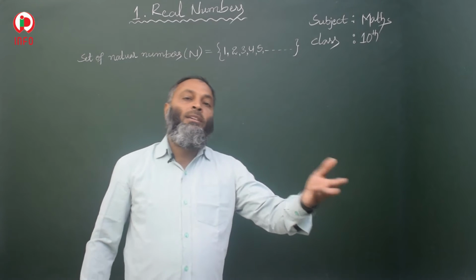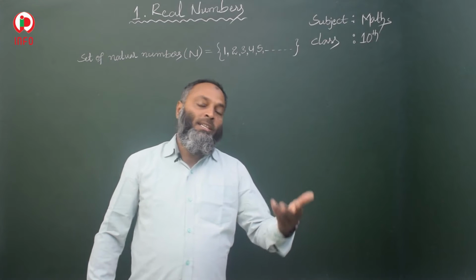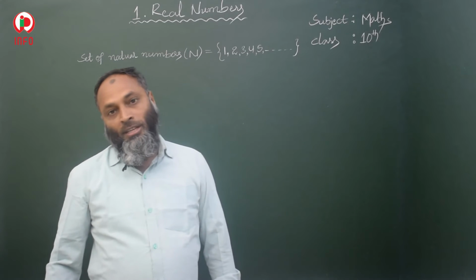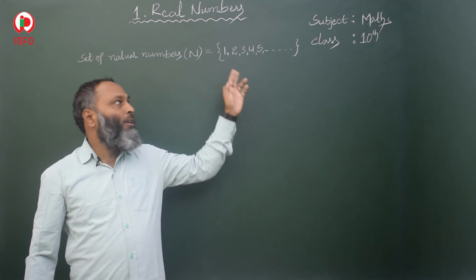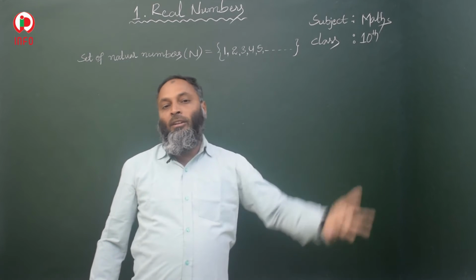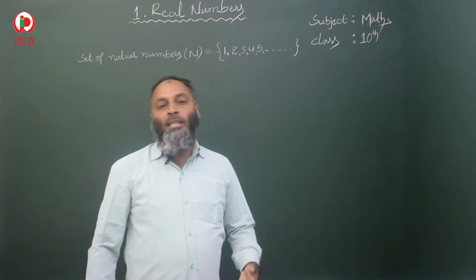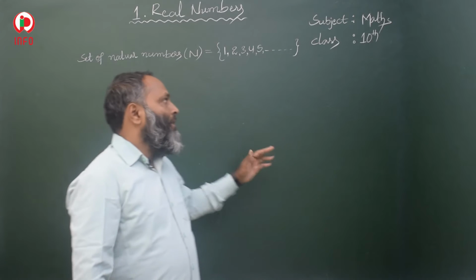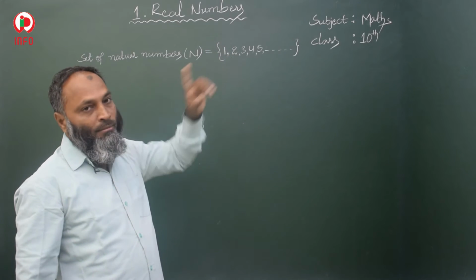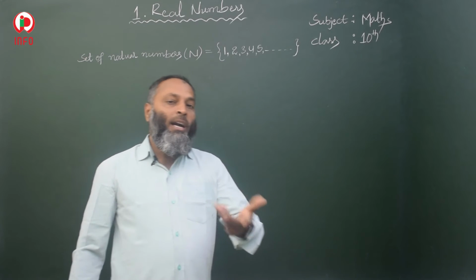If I say 9999, he says 10,000 is also there, sir. So we cannot say what the highest number is. That is undefined. In the set of natural numbers, the least number is 1 and the highest number is undefined.